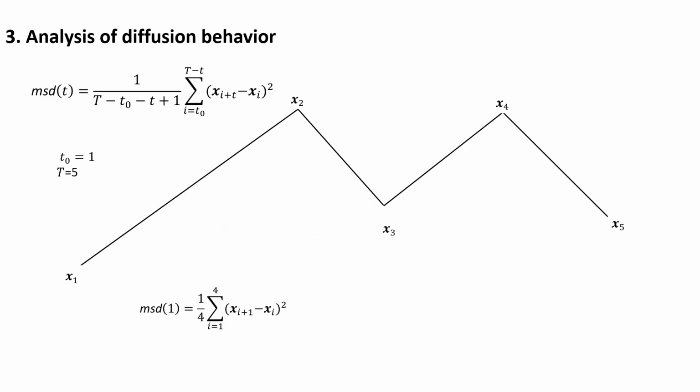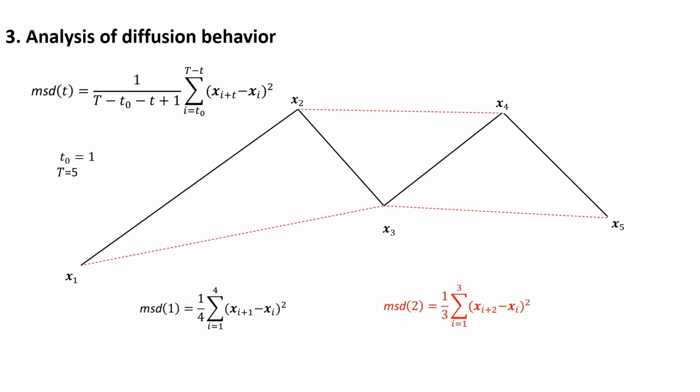The most common way to study the diffusion behavior of stochastic processes is to examine the mean square displacement. It is defined as follows. For each time interval, we consider the distance between points in that interval. For instance, if t equal 1, we examine the distance between the first and second points, the second and third points, and so forth.